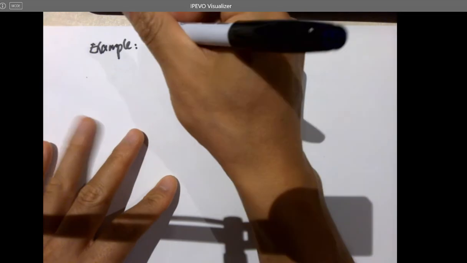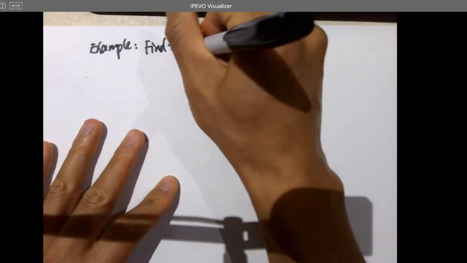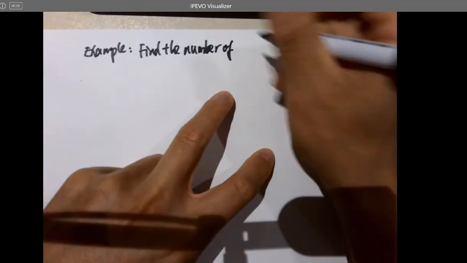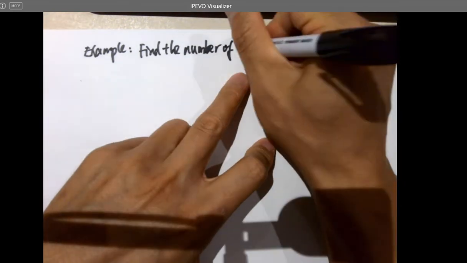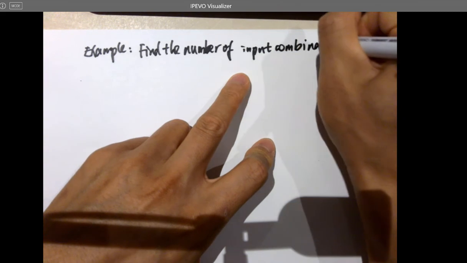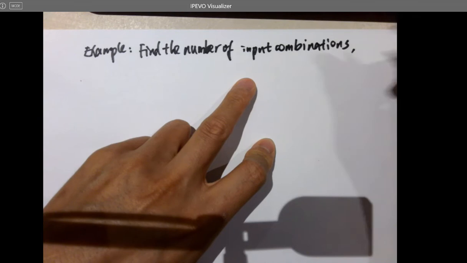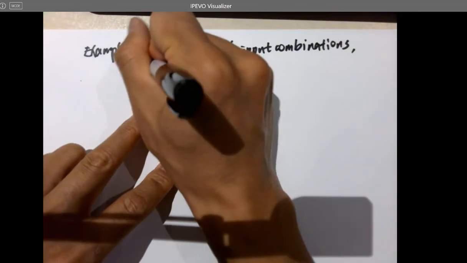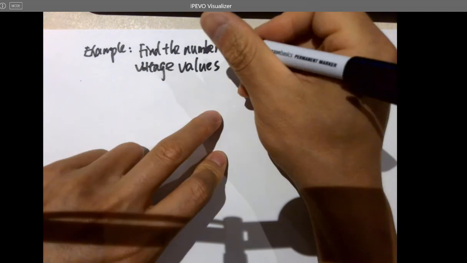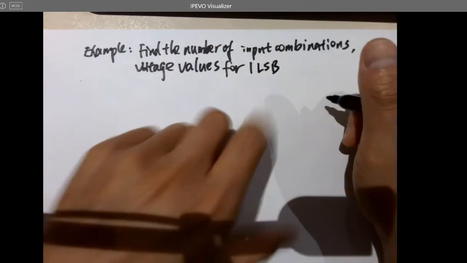The question is, find the number of input combinations, voltage values for one LSB. What does LSB mean?